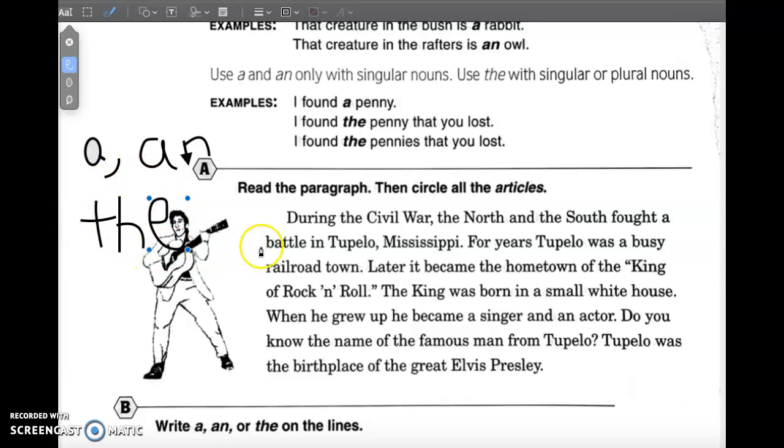Okay, a, an, and the are the words that we're looking for here. Write that for yourself if you think you might find that easier. Now we need to circle all of the articles.